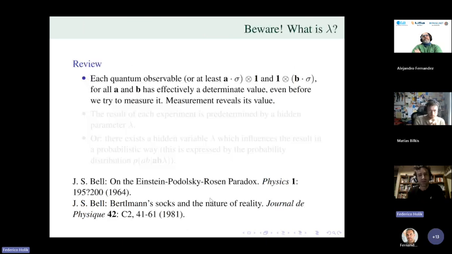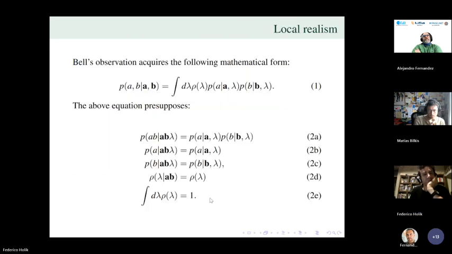Okay. So with these ideas, let me go fast. He rewrites the observed probabilities or correlations. So this quantity here is the probability of obtaining the results A and B if Alice chooses to measure spin in direction bold A and Bob chooses to measure spin in direction bold B. So by assuming hidden variables and by assuming a separability condition, so this equation here that I am remarking assumes that there is a hidden parameter lambda.